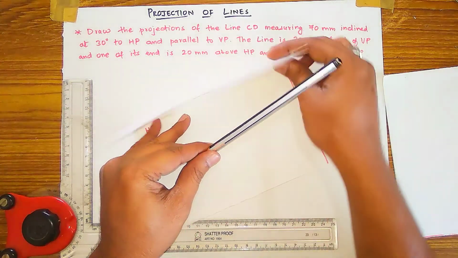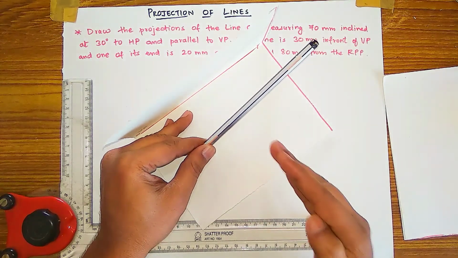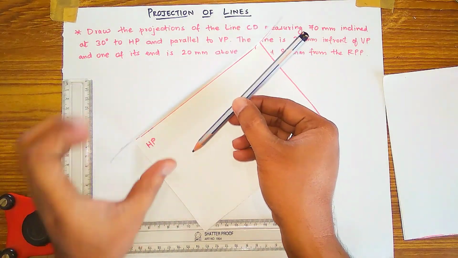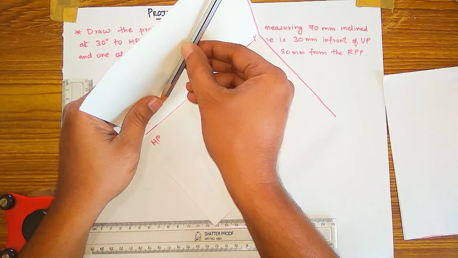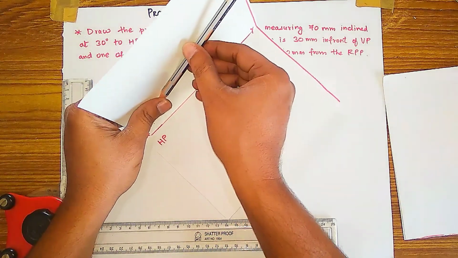If you see this line from the front, the projection of this line will be like this, at 30 degrees, on the VP, and that is the front view.